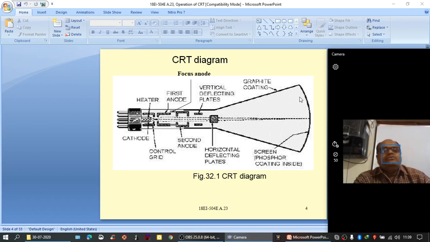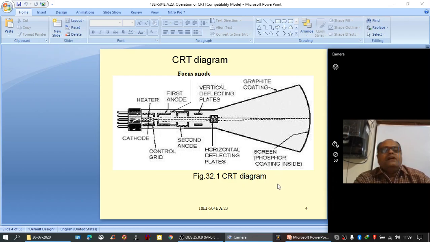So as a result, all the secondary electrons emitted will be attracted and bypassed to ground, so that they will not disturb the path of the highly accelerated electron beam at the center of the CRT screen.